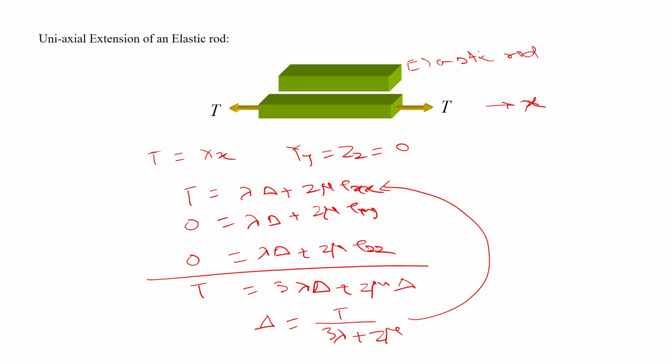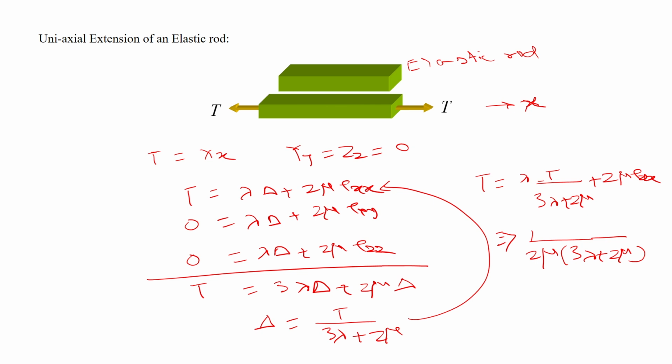So, therefore, I will have T equal to lambda into T by 3 lambda plus 2 mu, plus 2 mu Exx. So, I arrange the left hand side over here, and I will get 1 by 2 mu into 3 lambda plus 2 mu, and here I will get 3 lambda minus lambda, so 2 lambda.